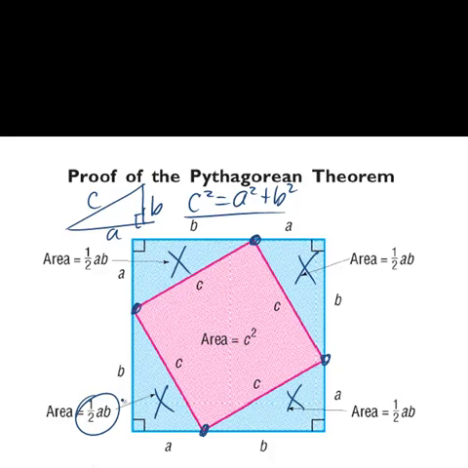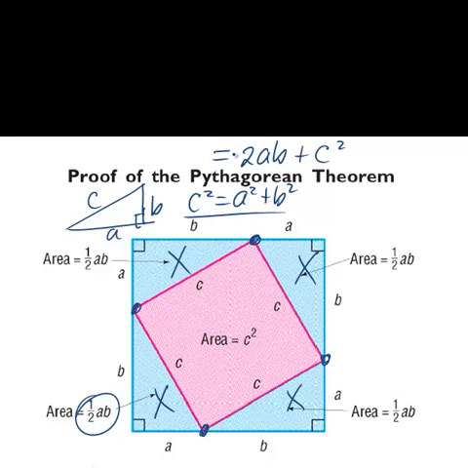And if you multiply by 4, then you've got 2 times A times B as the sum of those 4 blue triangles. And then the pink square has area of C squared. Okay? So the sum of the areas within the big blue square should be 2AB plus C squared.